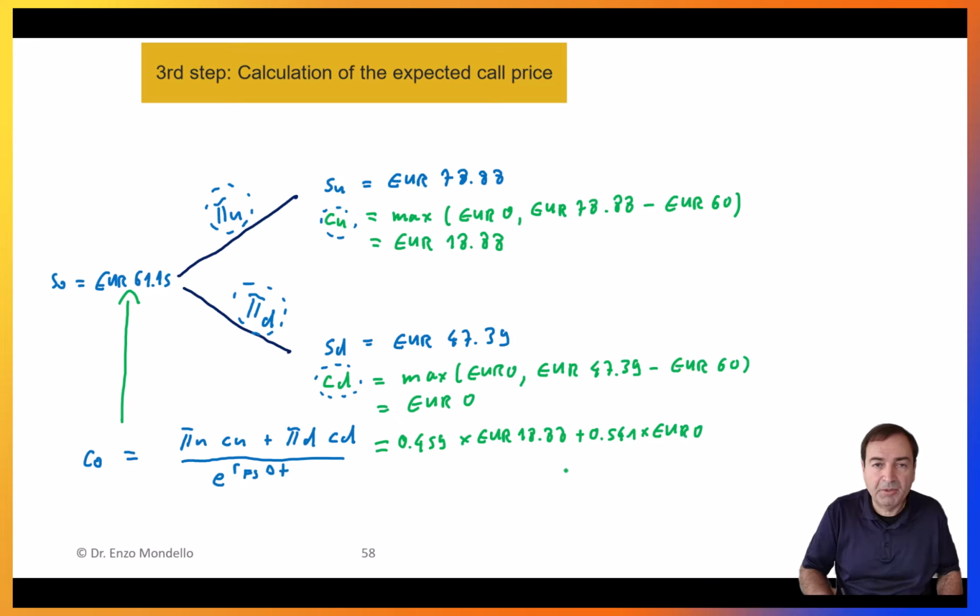The sum of the probability-weighted call prices after an up and down move are discounted using the continuous compounded risk-free rate over a period of 6 months. If you're entering the figures in your calculator, you should get an expected call price using the one-period binomial model of 8.57 euros.